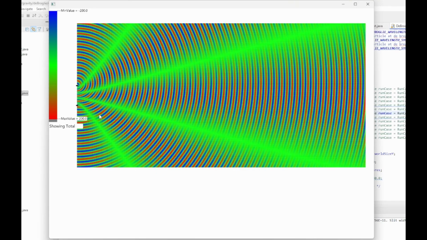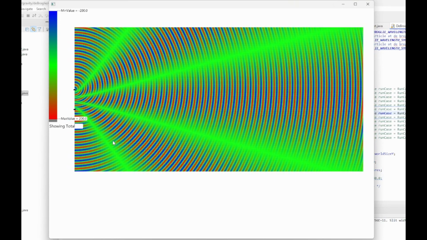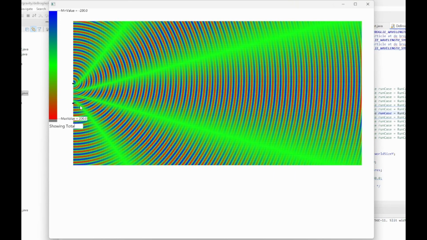Okay, so we get some really interesting results here. Now, you can see we get kind of what we're looking for. We get these big green bands of where we wouldn't have signal. This is showing the total of the two for this experiment.